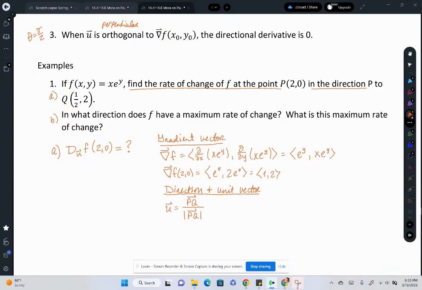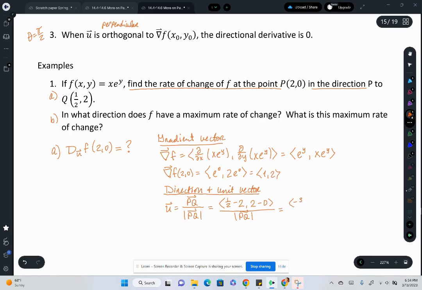So in order to create the directed line segment PQ, we take the values in Q and subtract the values in P from it. So here's what that looks like. All right, so the x component in Q is 1/2 minus the x component in P, which is 2. The y component in Q is 2 minus the y component in P, which is 0. I am going to simplify those first before I start calculating my magnitudes. Okay, 1/2 minus 2 is -3/2, and 2 minus 0 is 2.